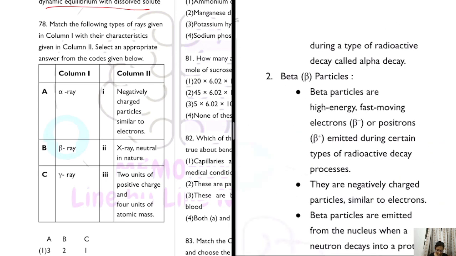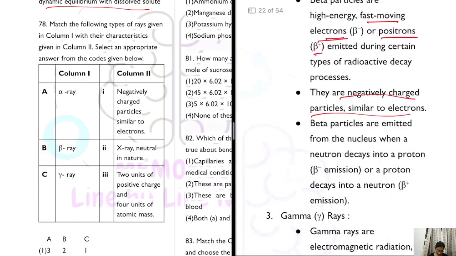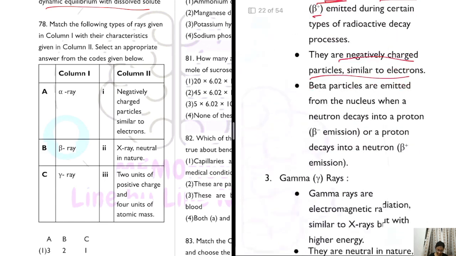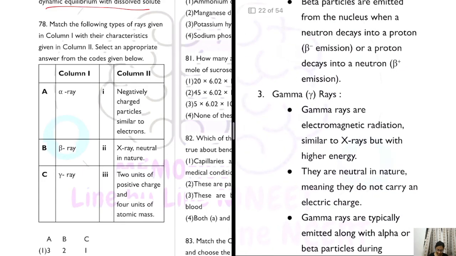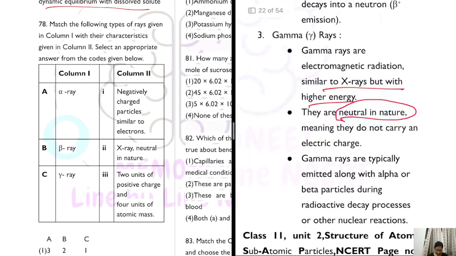Now, beta particles are fast moving electrons, beta negative, or positrons, beta positive. They are negatively charged and similar to electrons. Gamma rays are similar to X-rays but have higher energy. So they are neutral like X-rays.